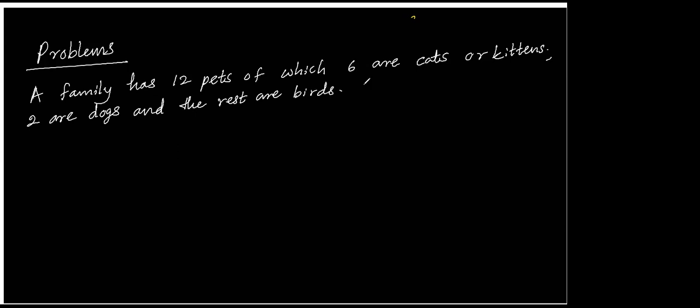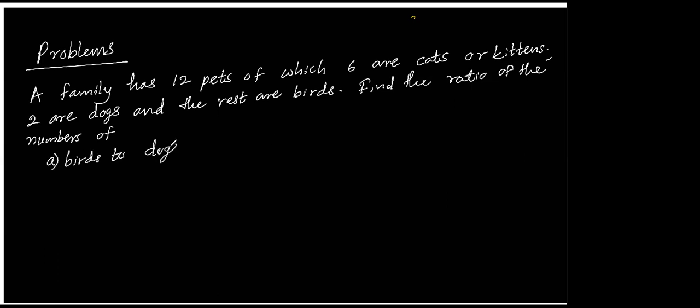Find the ratio of the numbers of A. Birds to dogs. B. Birds to pets. Twelve pets. 6 cats.